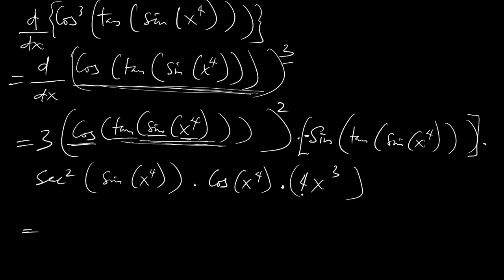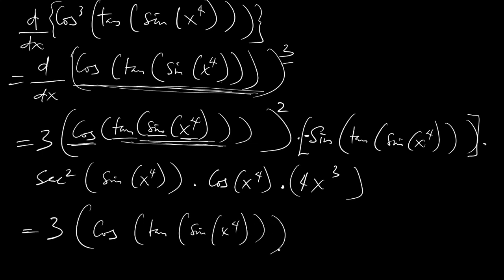So the whole now, you have 3 into cos into tan into sine into x to the power 4, squared.